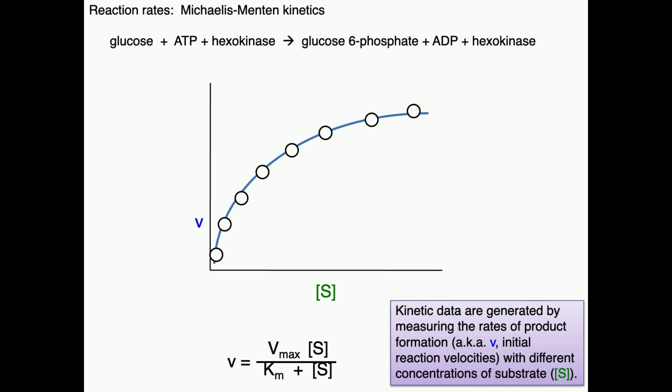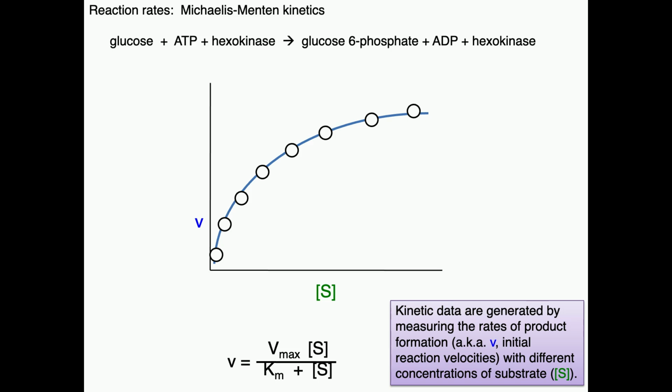And by math, you can take those data points and derive that Michaelis-Menten formula from it. Okay. Now, in order to calculate the actual Vmax, we have to extrapolate this data to infinity.